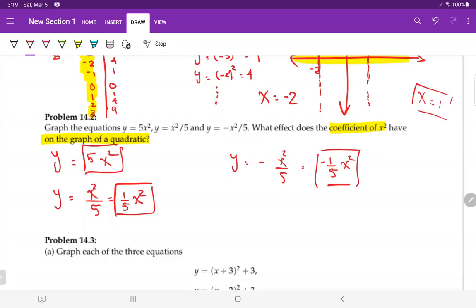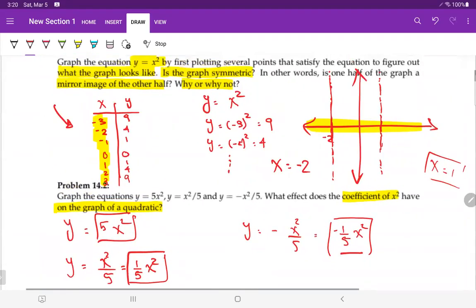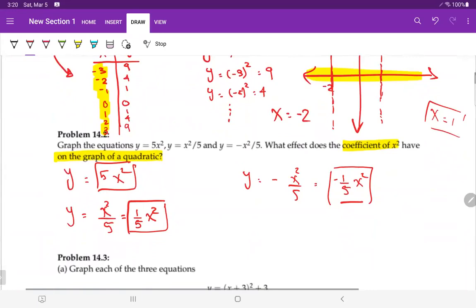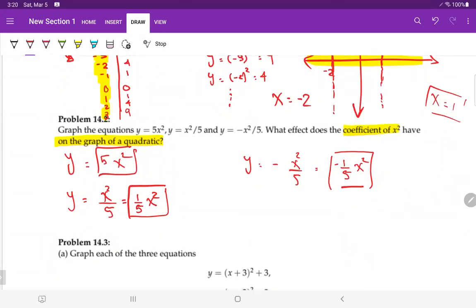We will be graphing these three functions. The first one is y equals 5x squared, so the coefficient is 5. If we go back, the coefficient was 1. In the second one, the coefficient is 1/5, and in the last one, the coefficient is negative 1/5.